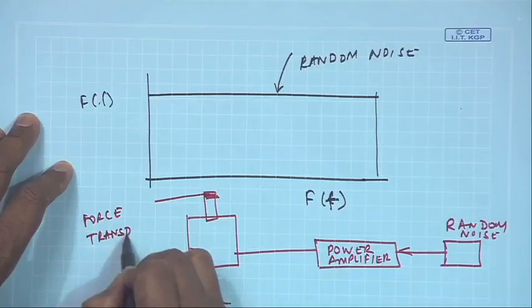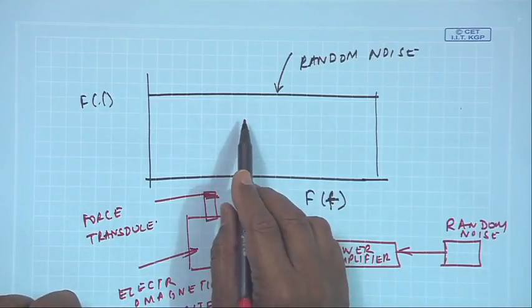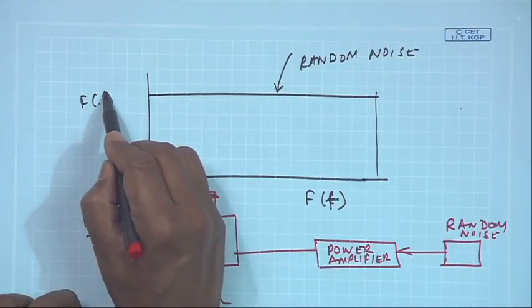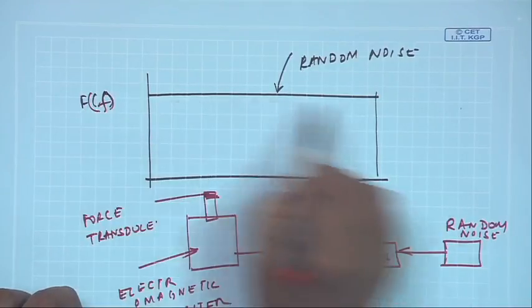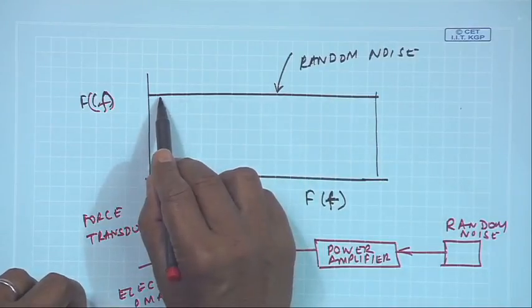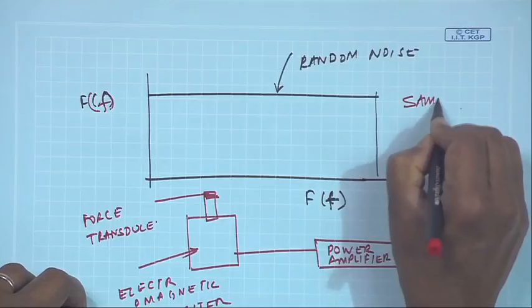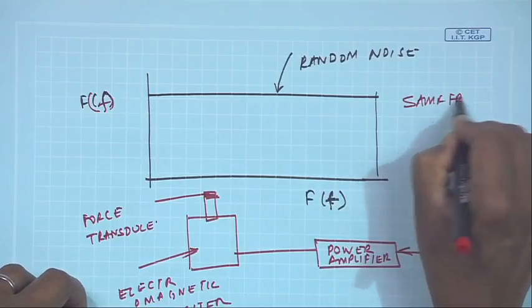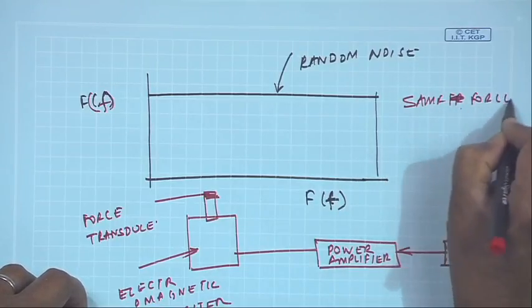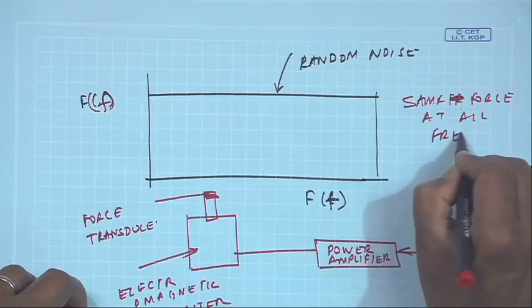The purpose is the same. So, basically through this random noise I am exciting the structure by a force which contains large frequencies and which has the same force at all frequencies.